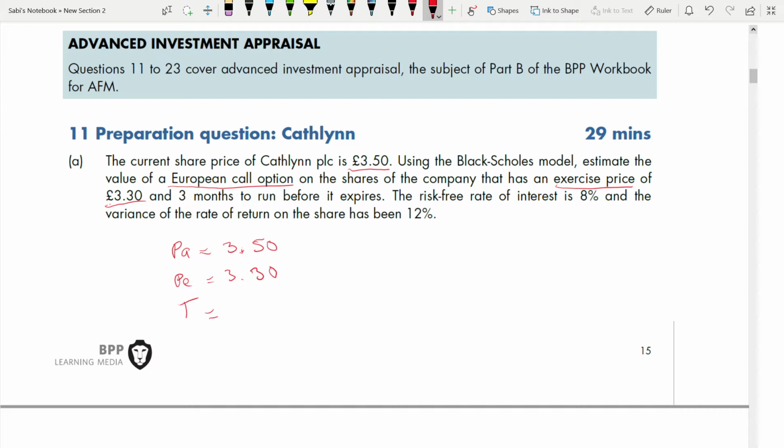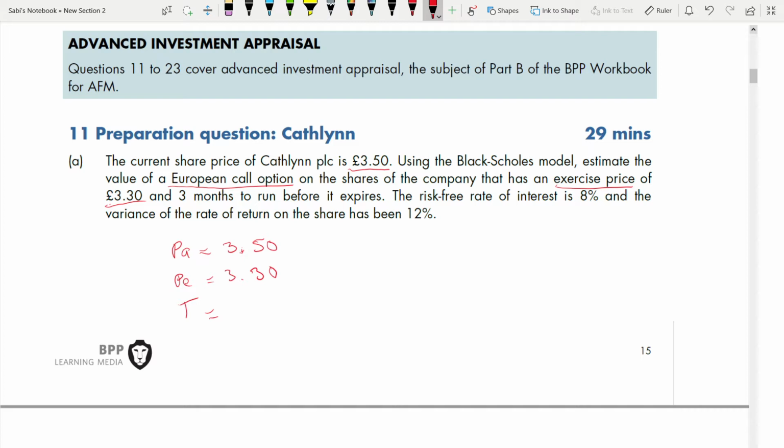What are they? The share price, which is PA, the PE, that's your exercise price, the T, that's your time, the R, the risk-free rate of interest, and your standard deviation. All these 5 components need to be there for you to find the option value. If any is not there, you need to find it first, and then use the formula.